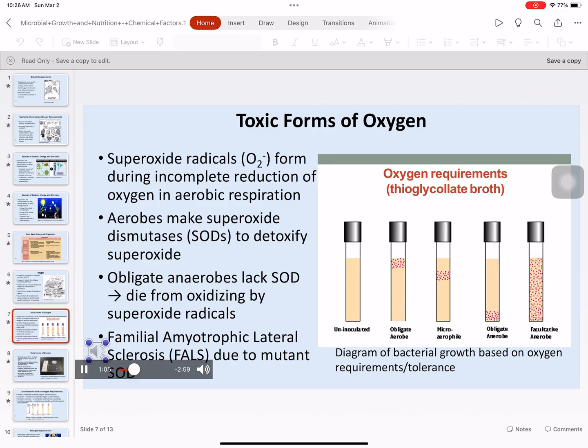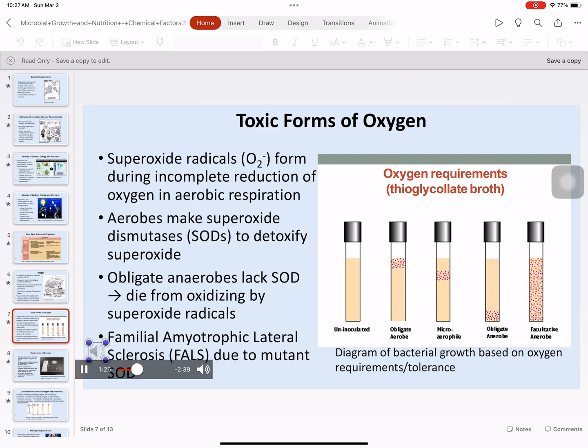But if there's nothing at the end to accept them, that is, no oxygen, then everything comes to a screeching halt. So in aerobic respiration, in aerobic electron transport chains, when the protons re-enter the cell via the ATP synthase, oxygen is there to accept them.